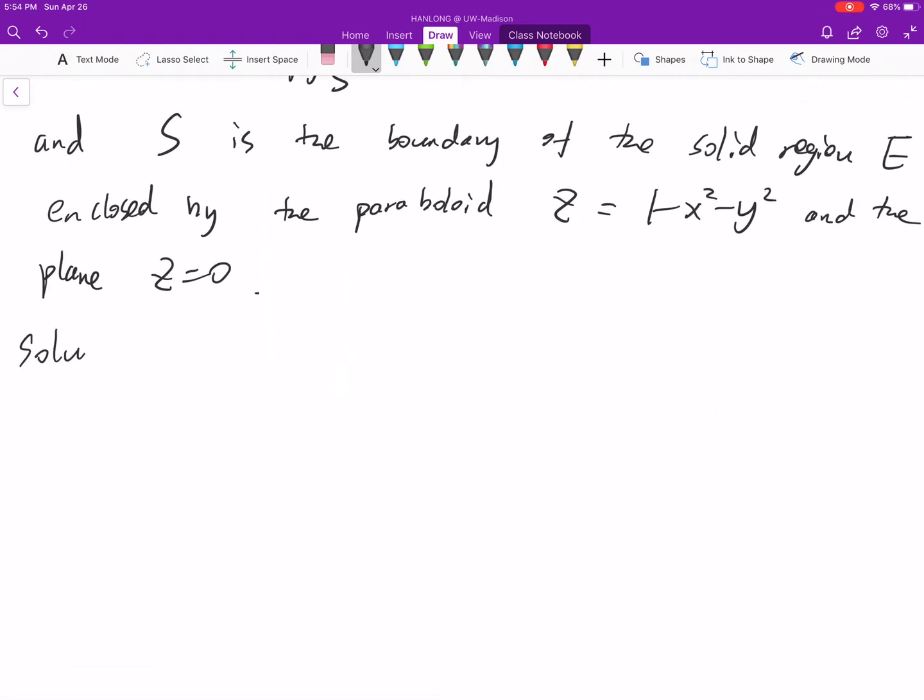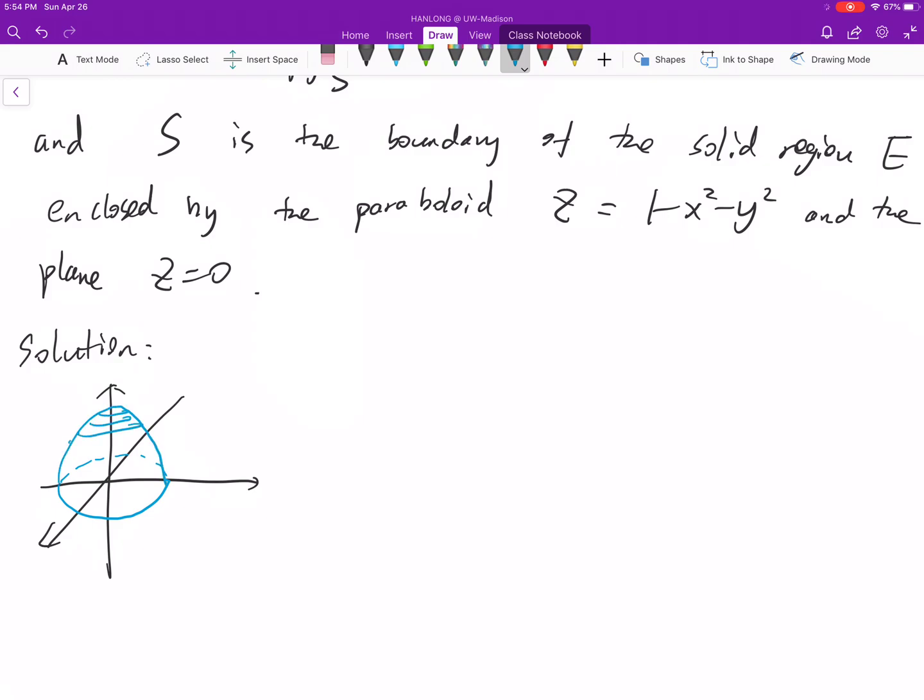So, solution. Okay, I would like to first draw the picture. So actually you have two parts.